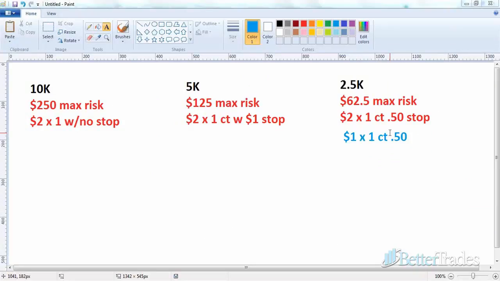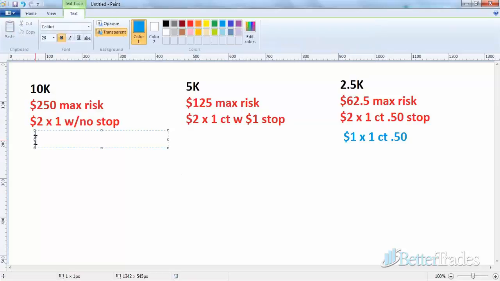But remember, you've got to absorb the bid by ask spread in here. Again, guys, let's do some examples. This is going to equal a $200 loss.